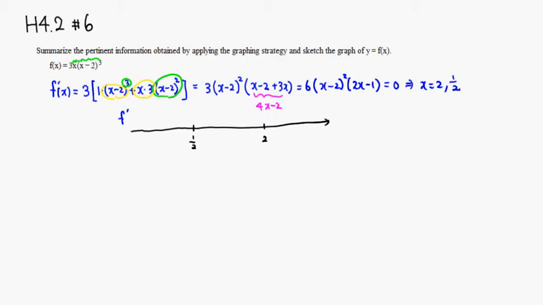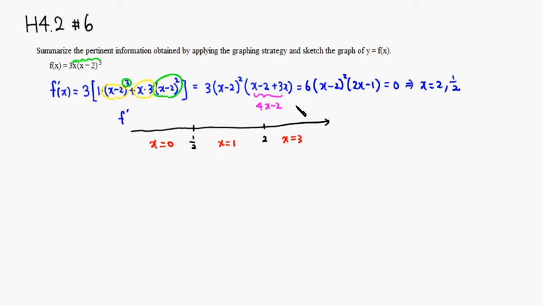Let's try some simple numbers. Anything smaller than 1/2, I like 0. Anything between 1/2 and 2, I like 1. Anything bigger than 2, I'll try 3.